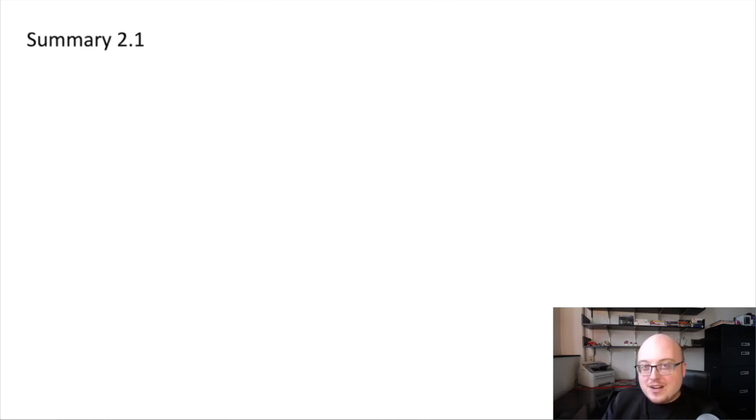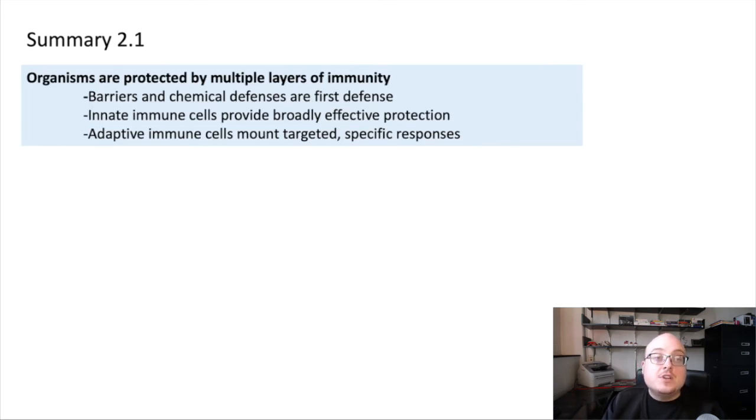Okay, so let's summarize these basic principles that we've introduced in this lecture. Organisms are protected by multiple layers of immunity, as we saw. These include barriers and chemical defenses, which naturally are our very first line of defense. They just keep things at bay, keep things out of our bodies that we don't want there.